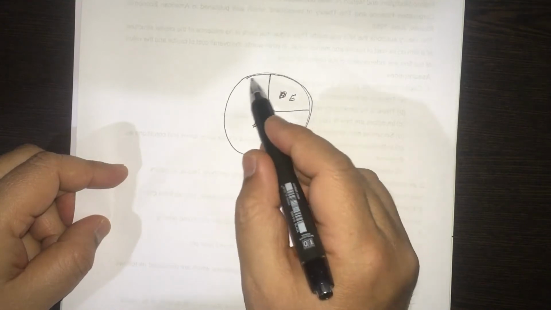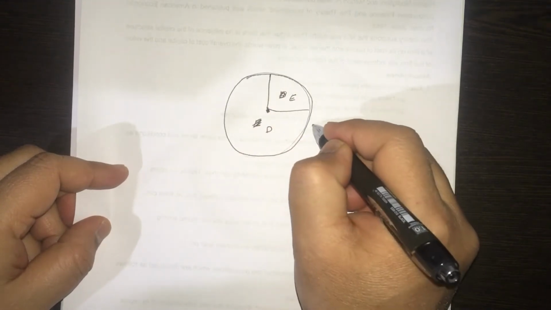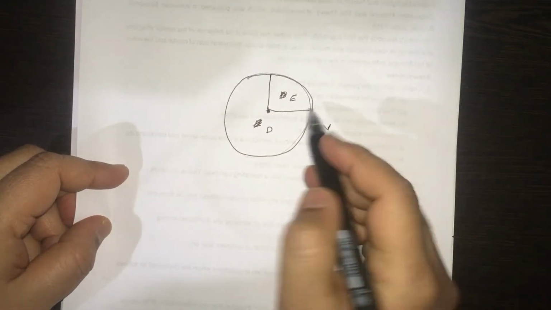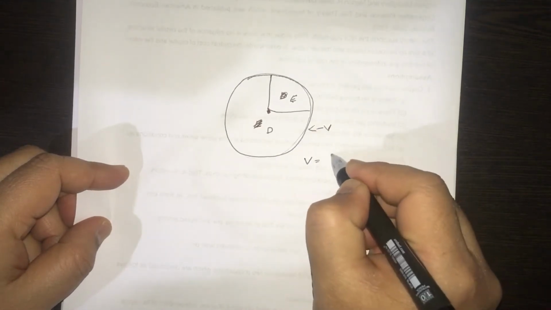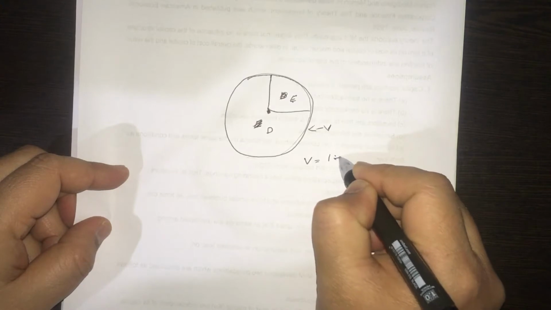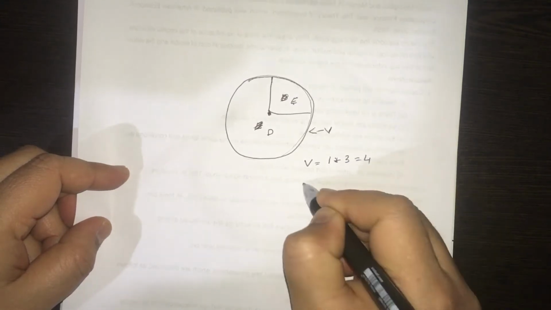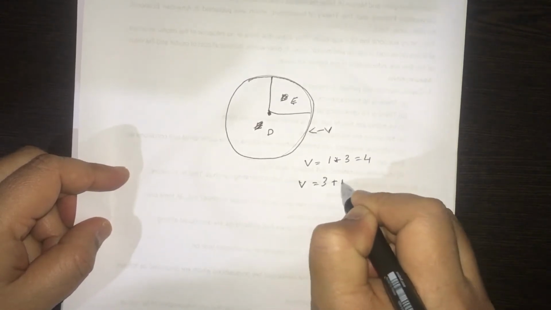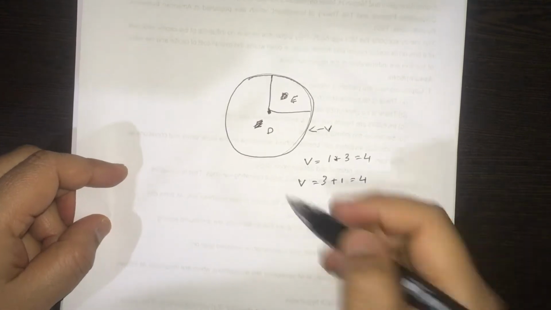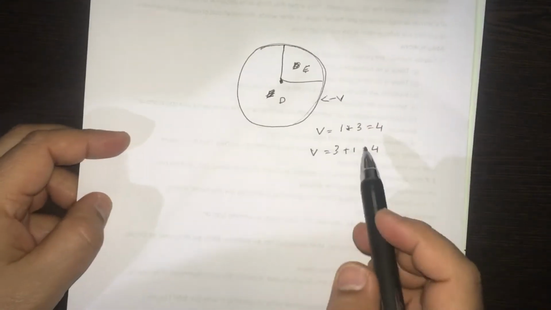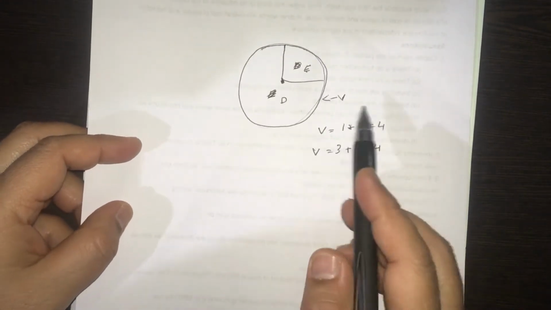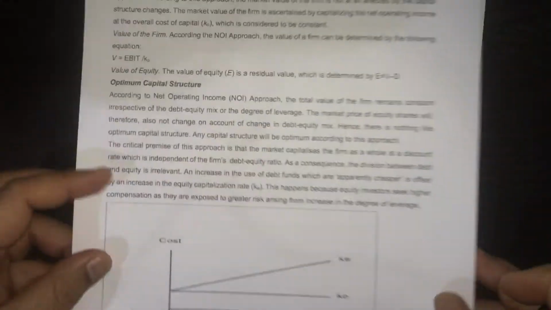So the value remains the same. Let's say this circle is V, whether the debt equity ratio is 1:3 or 3:1, it remains the same. Of course, that's a very silly example. I'm going to show you a real one, don't worry.